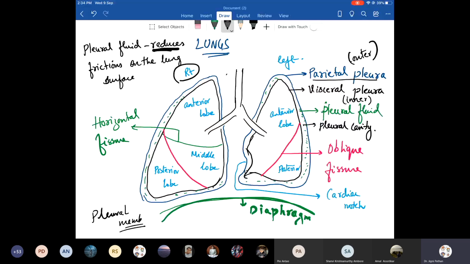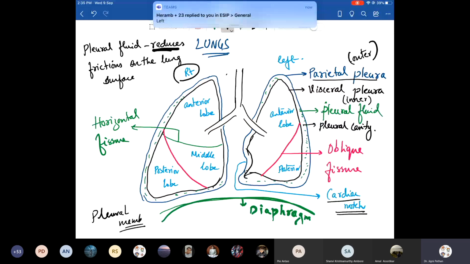Next, very important question. Where is this cardiac notch present? Let me see who will answer. Is the cardiac notch present in the right lung or the left lung? Left lung. Whether it is present in the anterior lobe or the posterior lobe of the left lung is a very important question.